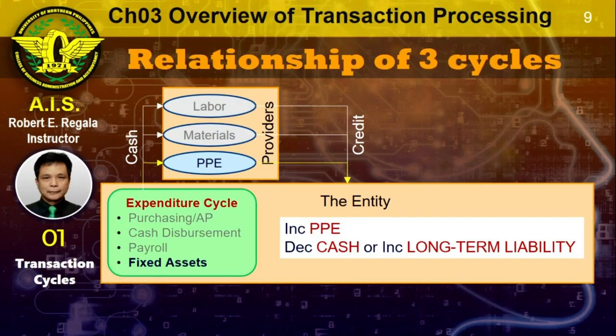Examples of fixed assets include PPEs such as land, building, furniture, machinery, and motor vehicles. When the physical and financial phases of this kind of transaction are consummated, the entity records an increase in property, plant and equipment and a decrease in cash or an increase in long-term liability for financed acquisition.